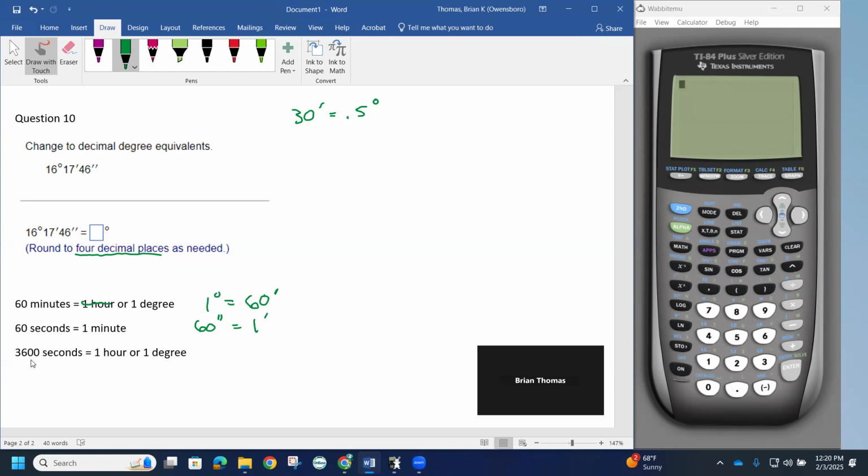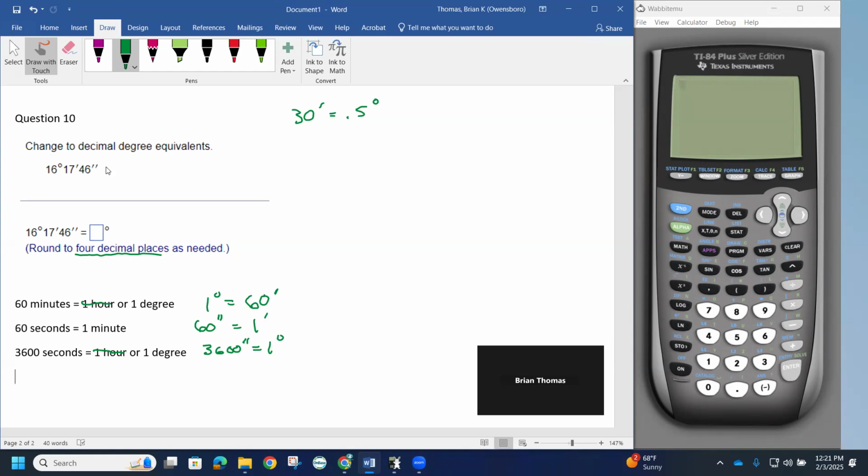Now, something else we pick up on is 3,600 seconds is equal to 1 hour, or again, 1 degree. So we have these conversions that we can also do.